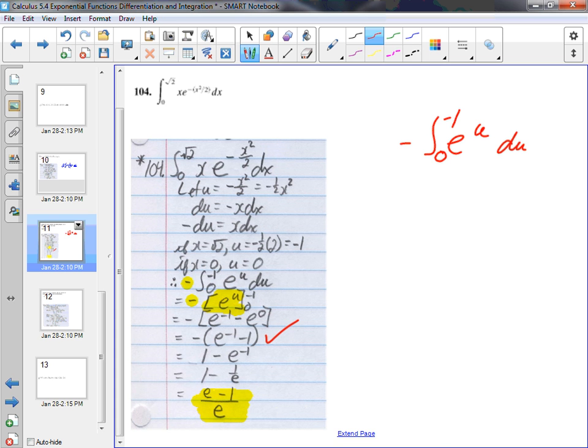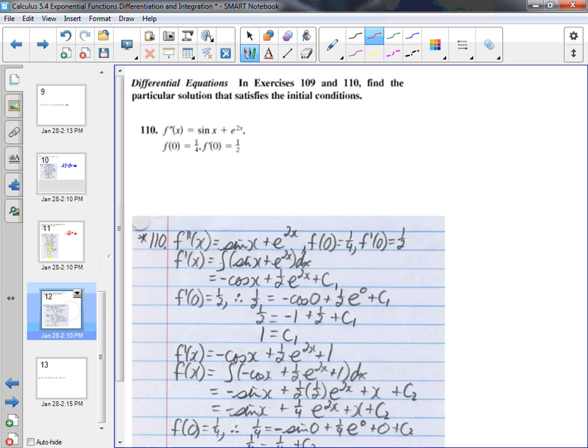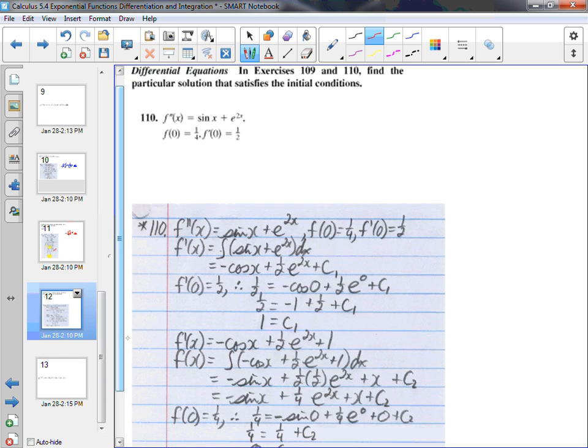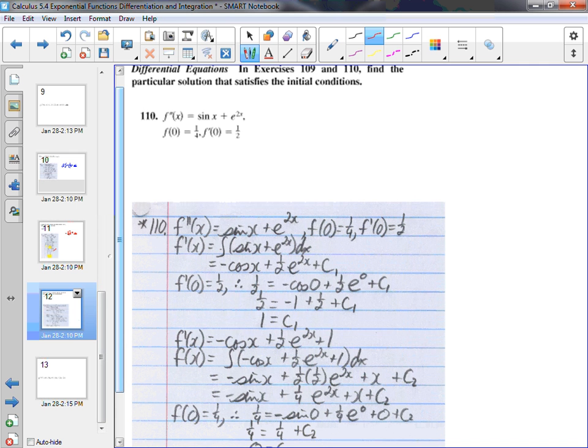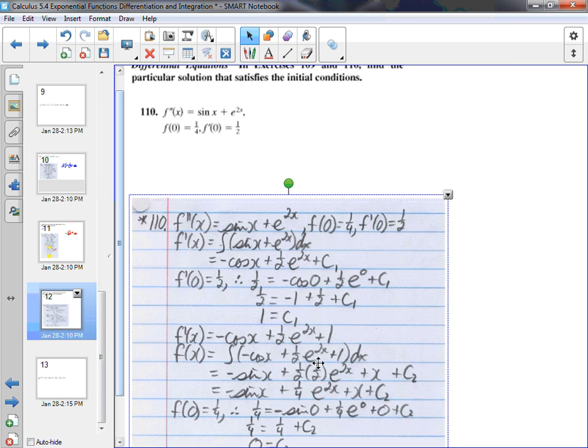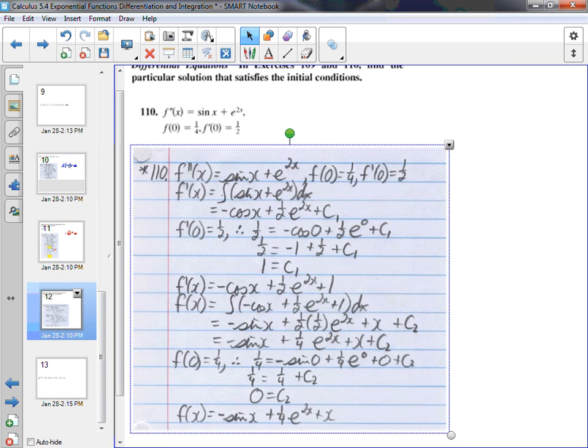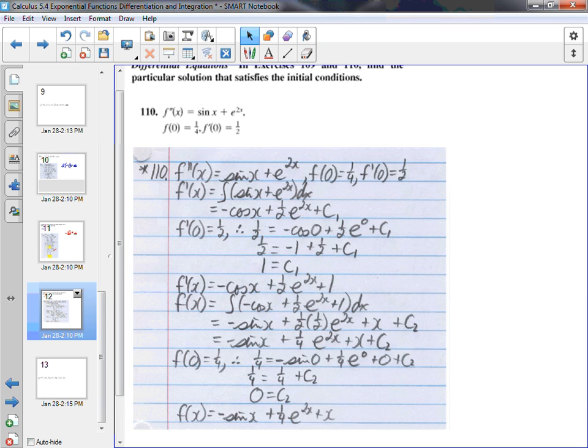All right, one more example. Find the particular solution that satisfies the initial condition. Now I'm going to put this whole thing up here on the screen so you can go back and look at the video once I get this posted. But you know the process, right?